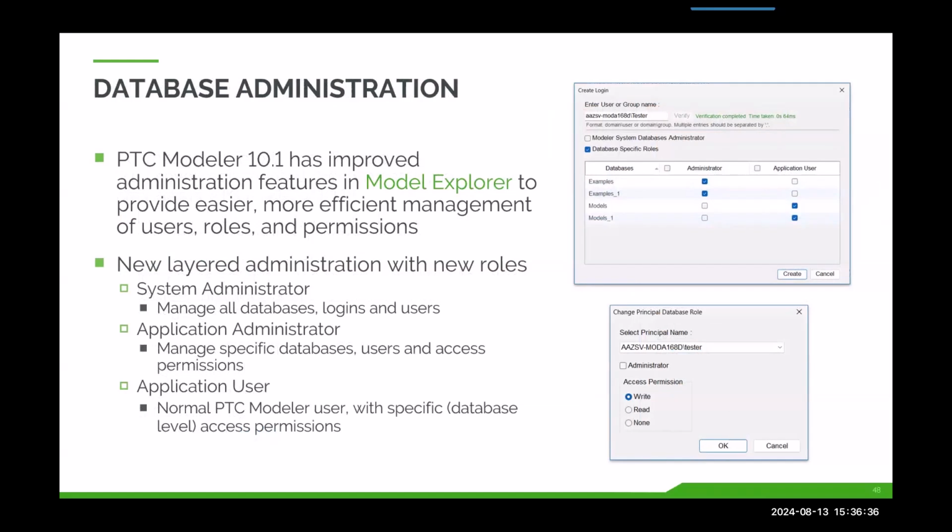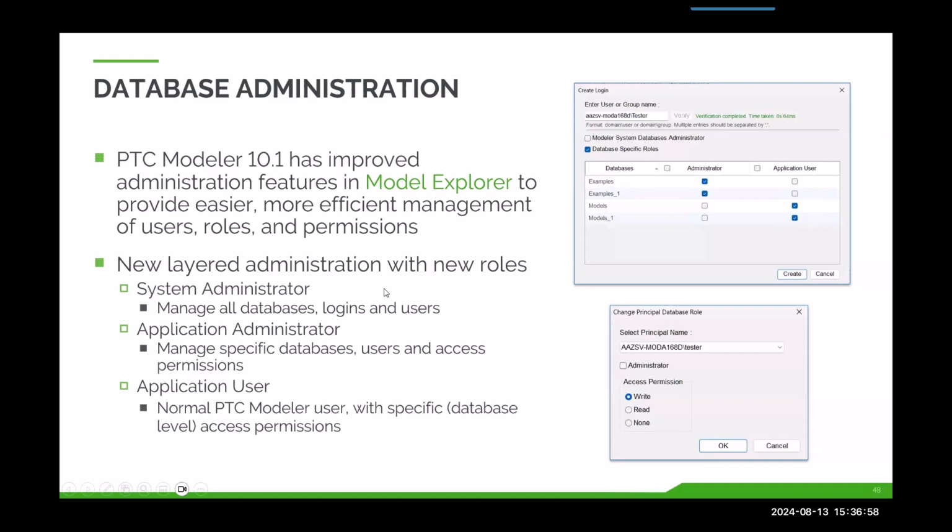As well as those schema changes, we've also enhanced the administration features and capabilities and provided a more flexible, tiered, layered administration. So we have new roles that reflect those new administration levels. We have a system administrator.